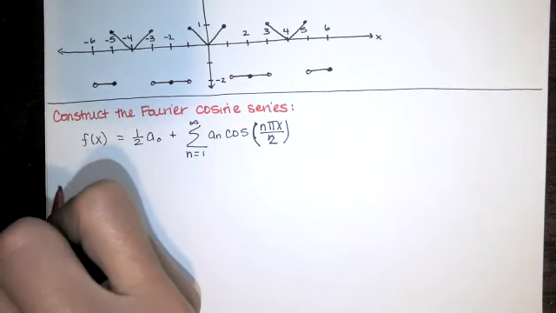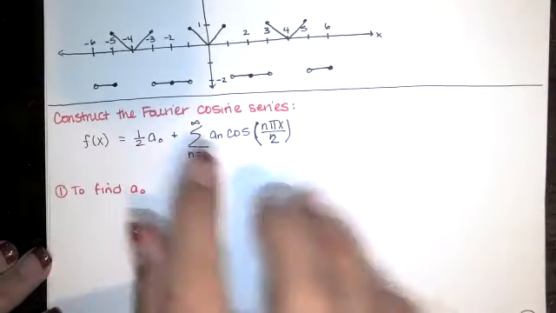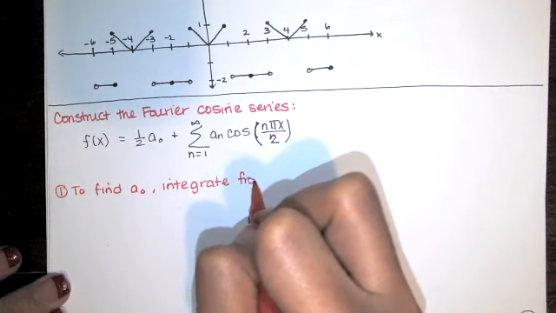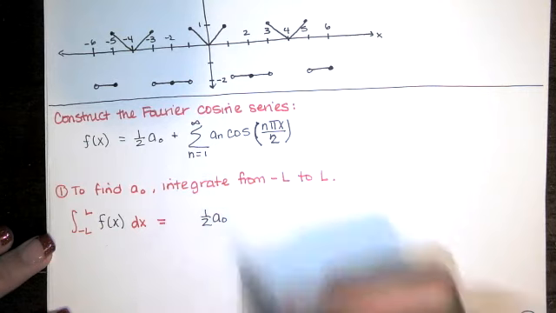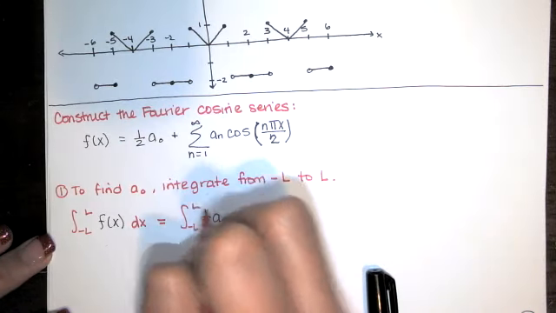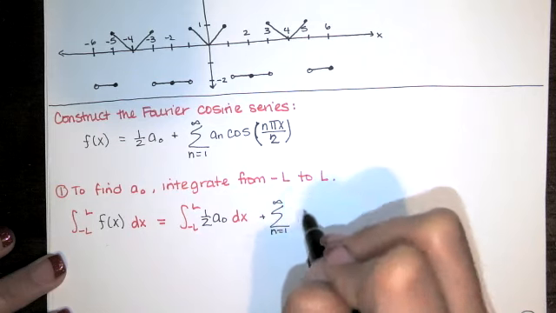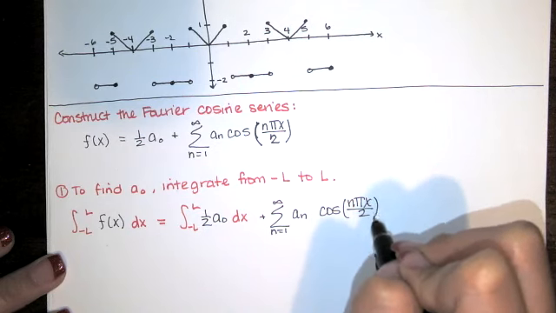To find a sub 0, we treat f as equal to its cosine series, and we integrate from -L to L. So we have the integral from -L to L of f of x with respect to x equals 1/2 a0, and we'll integrate that from -L to L with respect to x, plus the sum as n goes from 1 to infinity of a sub n times cosine of n pi x over L, where L equals 2.